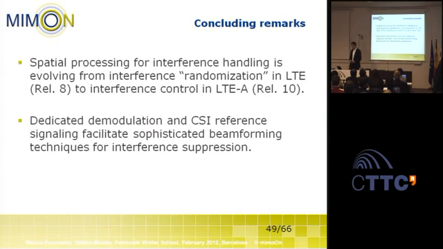The message I wanted to convey in this talk is that spatial processing for interference control is enabled in LTE, and in fact, as we look at the evolution of LTE from release 8 to release 10, we see that from primarily spatial processing techniques which are based on interference randomization by choosing random beamformers, we are now evolving to more advanced spatial processing techniques where we actually form dedicated beams for the different users to control the interference among the users.